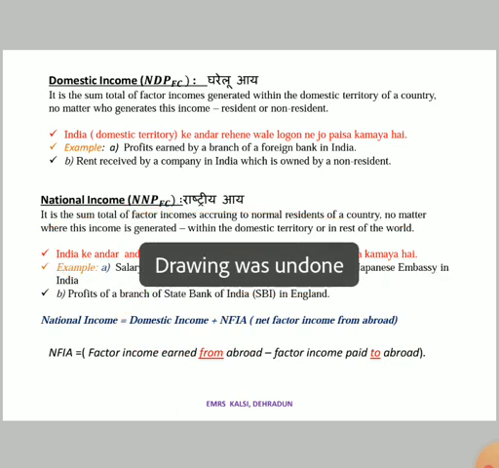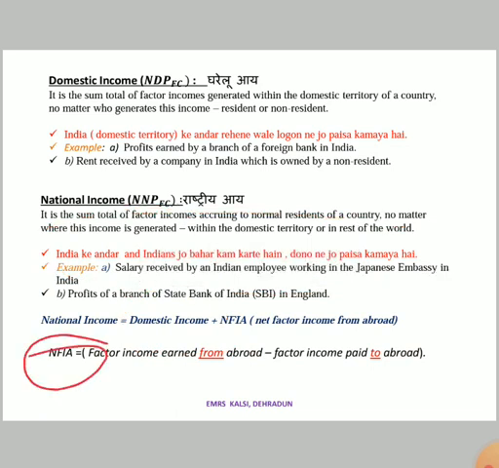And there's one more formula, NFIA, factor income earned from abroad minus factor income paid to abroad, okay. There might be foreigners who might be working in India, so the country is paying them, okay. And there might be Indians who are working in foreign countries, so they are receiving money.